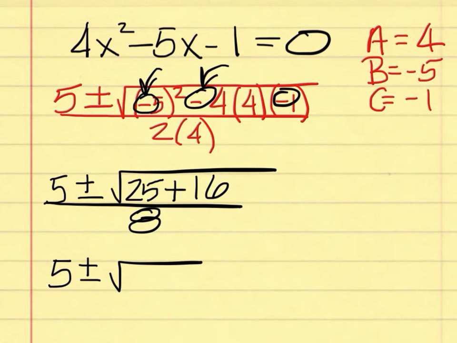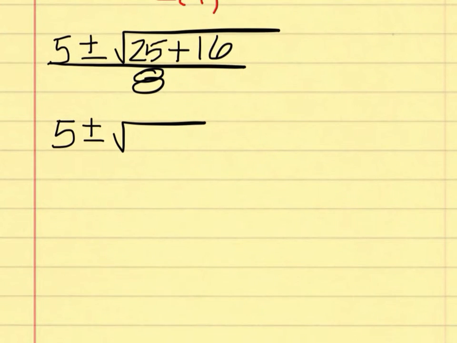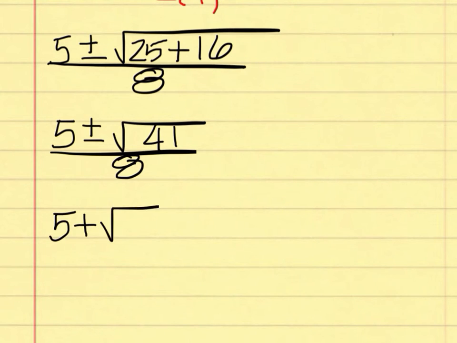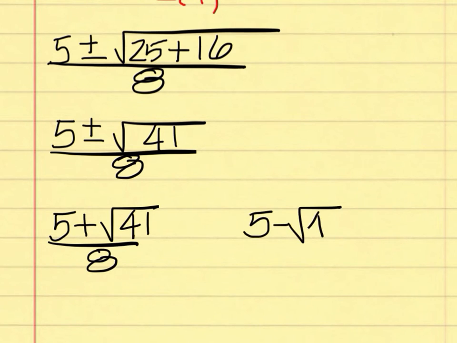Holiday. 41 is right, and that's over 8. All right, so I need to do 5 plus the square root of 41 over 8, and then 5 minus the square root of 41 over 8.